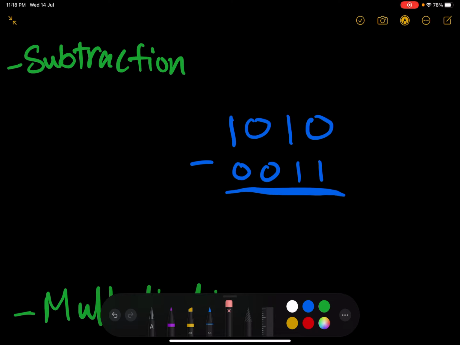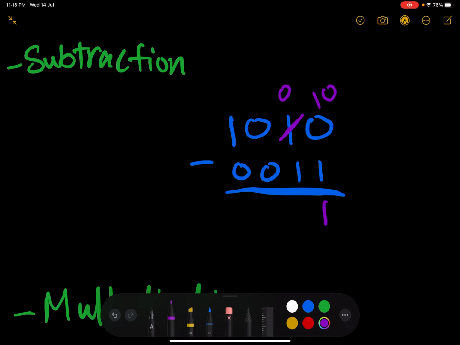Now we have 0 minus 1. 0 minus 1 will give us a negative result, so we're going to borrow. So this one will be 0, and here we have 2, so 2 minus 1 is 1.